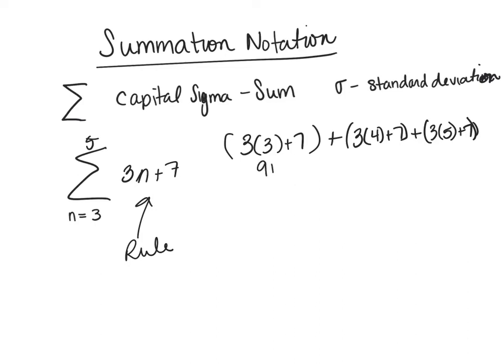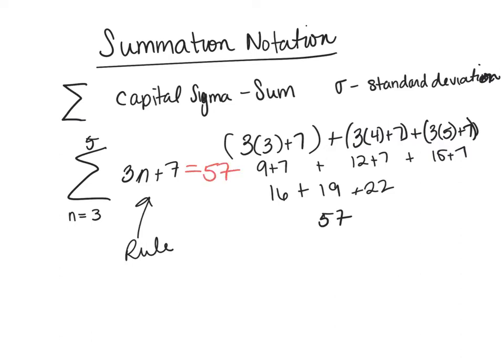So this would be 9 plus 7 is 16, plus 12 plus 7 is 19, plus 15 plus 7 is 22, and then we can add that up. So this is 35, 57. So the sum from n equals 3 to 5 of the rule 3n plus 7 equals 57. Hopefully I added that up correctly.